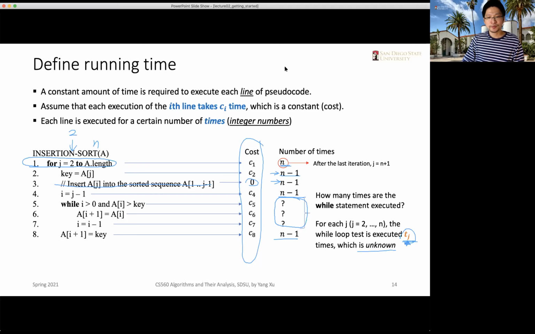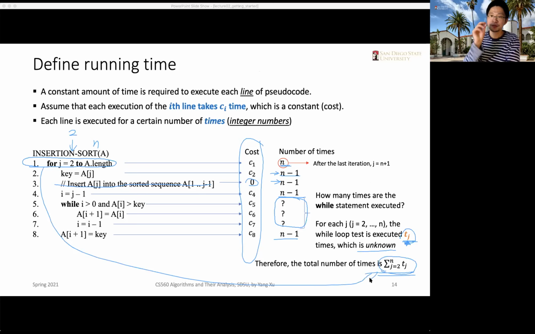With tj used here, the total number of times that the while statement is executed can be expressed by this summation. That is for sure, right? Because as the for loop says, j will iterate from 2 to n, and in each iteration of j's for loop, the while statement will be executed tj times.